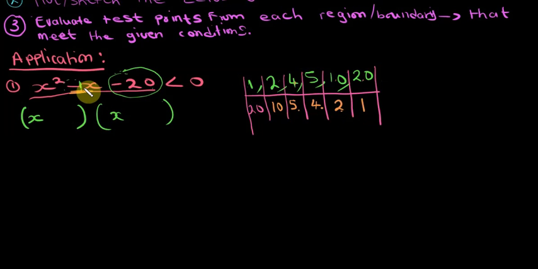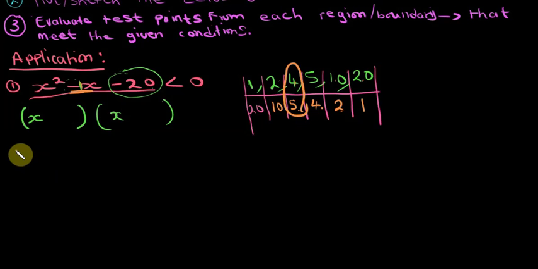We need factors that when we add them, must give me -1. So one of them has to be negative. I'll take 4 and 5, meaning one has to be positive and the other negative.